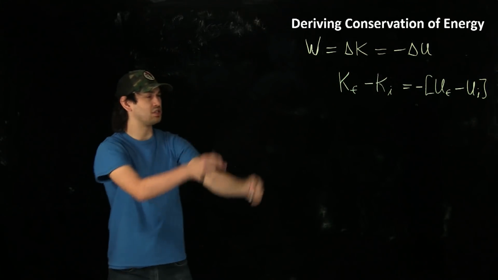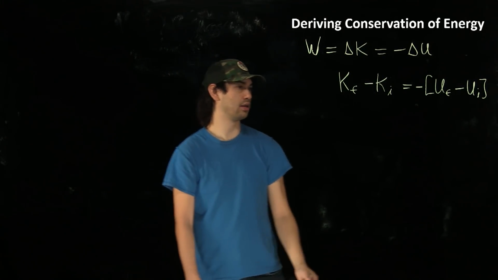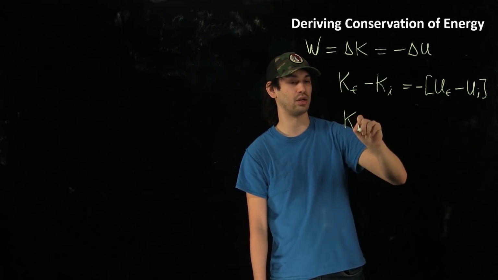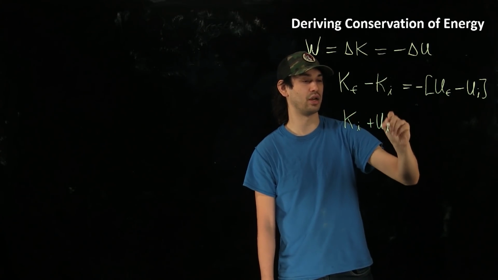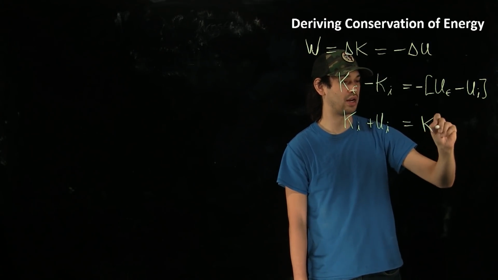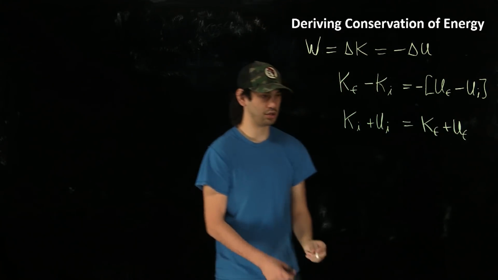So let's rearrange this so that we have all the finals on one side and all the initials on the other side. And so when we do that, what we end up seeing is the initial kinetic energy plus the initial potential energy is going to be equal to the final kinetic energy plus the final potential energy.